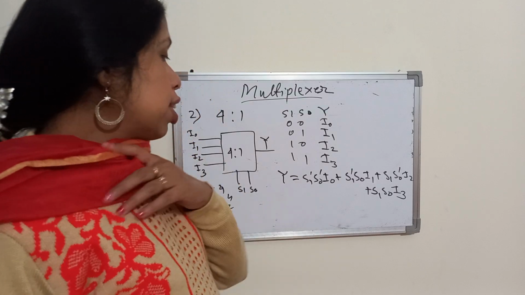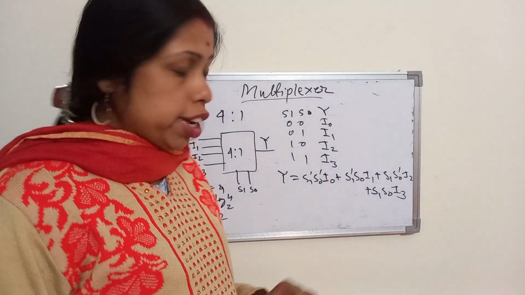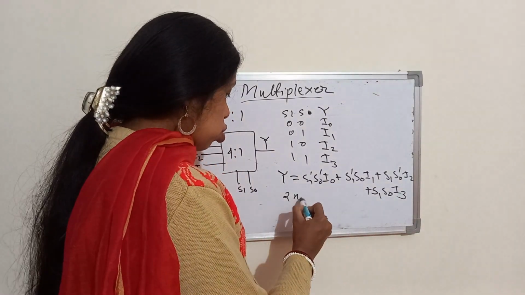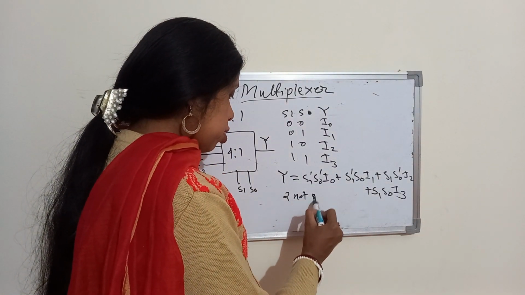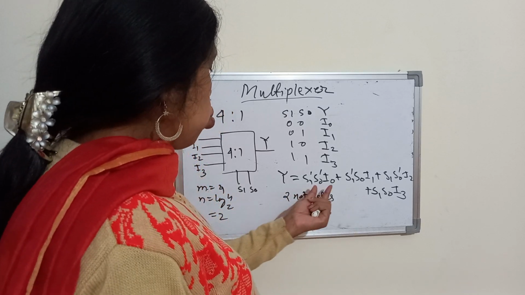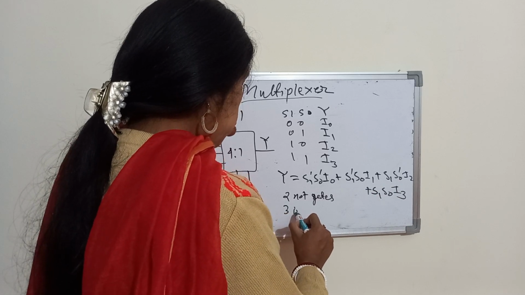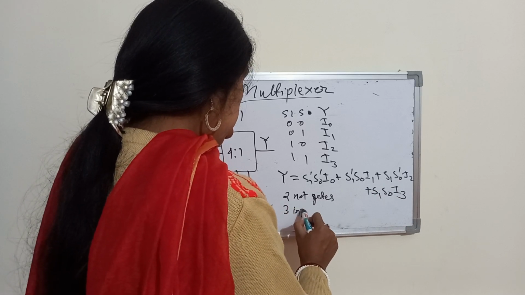So for this logic, how many gates are there? You can see for getting S1 prime, S0 prime, 2 NOT gates are required. After that, you have to do the three input AND gates. Four three input AND gates.